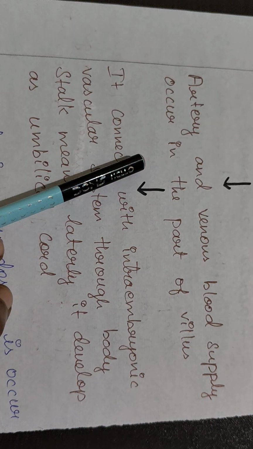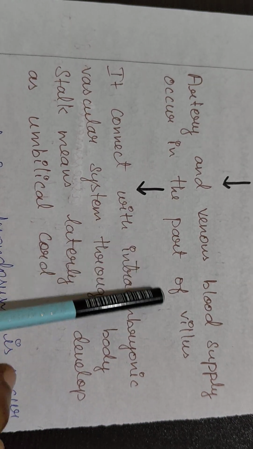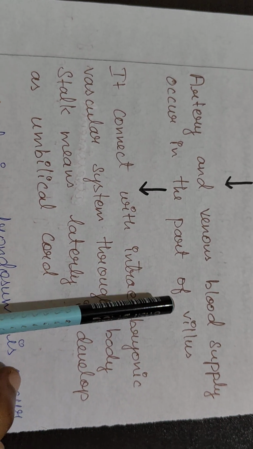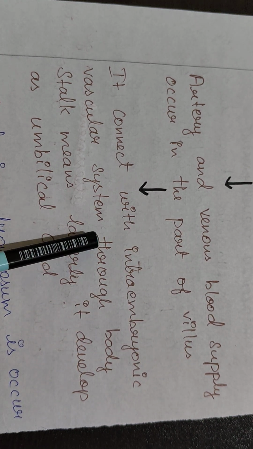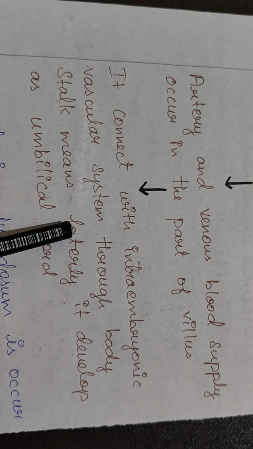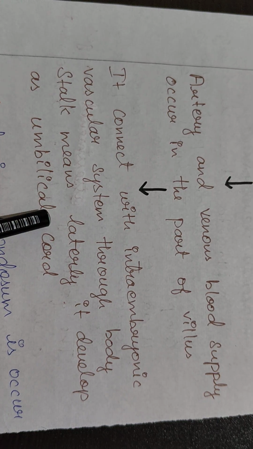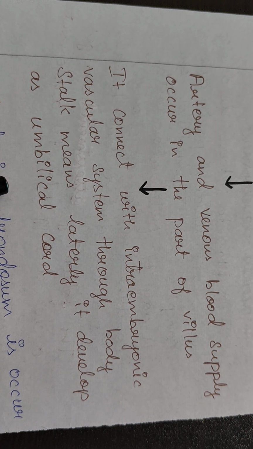After that, arterial and venous blood supply occur in the villi. In the placenta, the arteries and veins connect with the intraembryonic vascular system through the connecting stalk, and vessels develop in the umbilical cord.